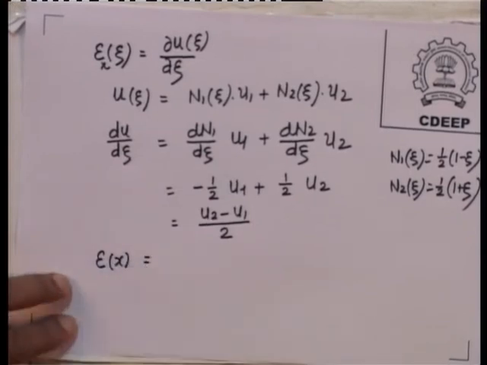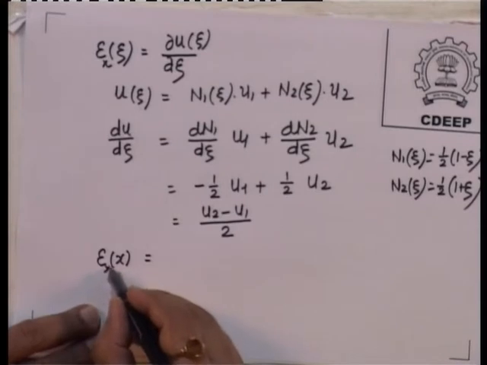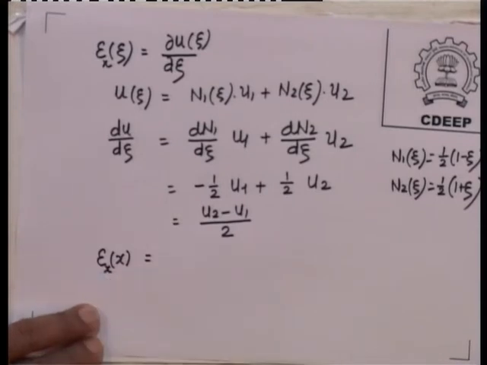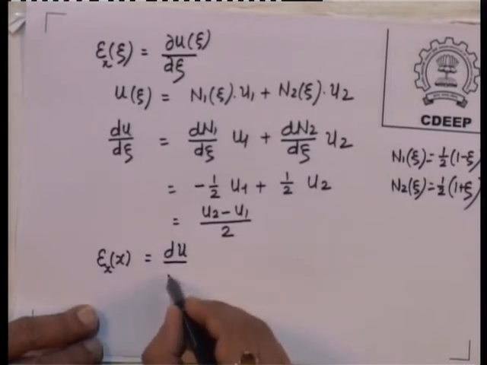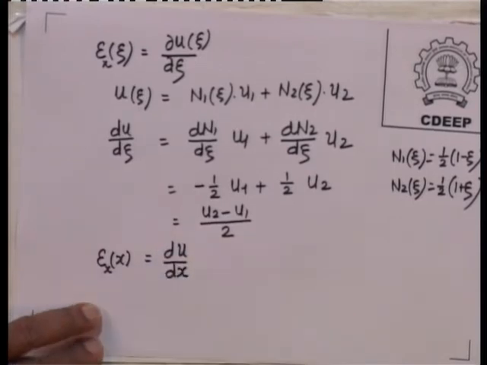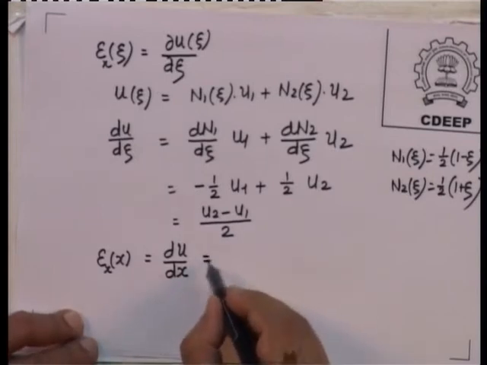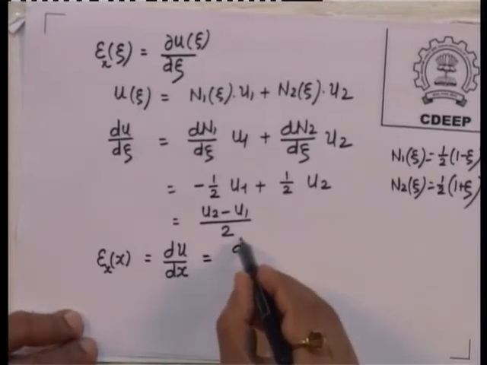What is this? Normally strain as a function of, in the global coordinate, r, is equal to du by dx.